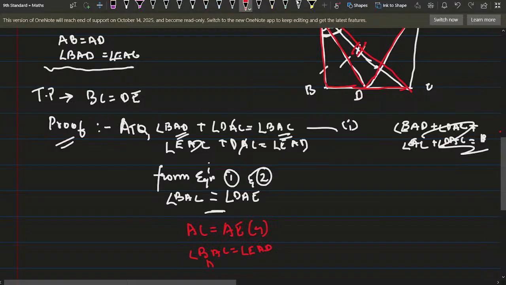Then AB is equal to AD, given. By SAS, triangle ABC is congruent to triangle EAD by SAS. Then by CPCT, BC is equal to ED.